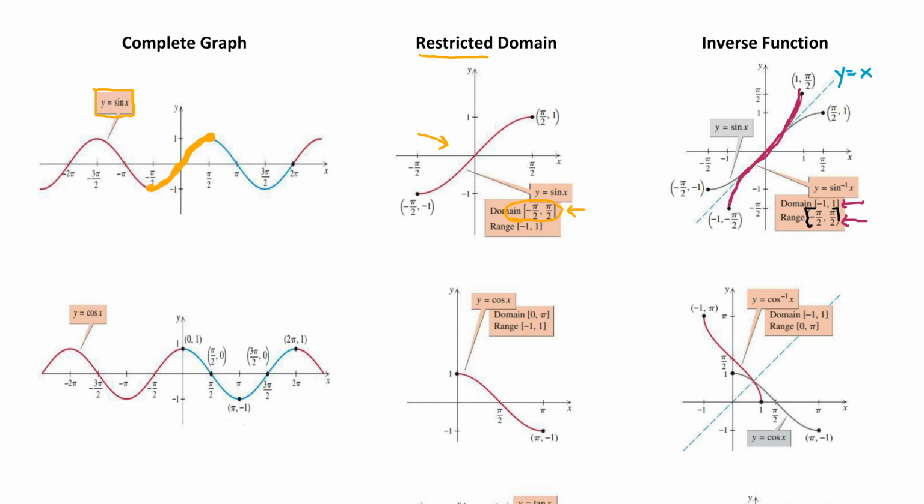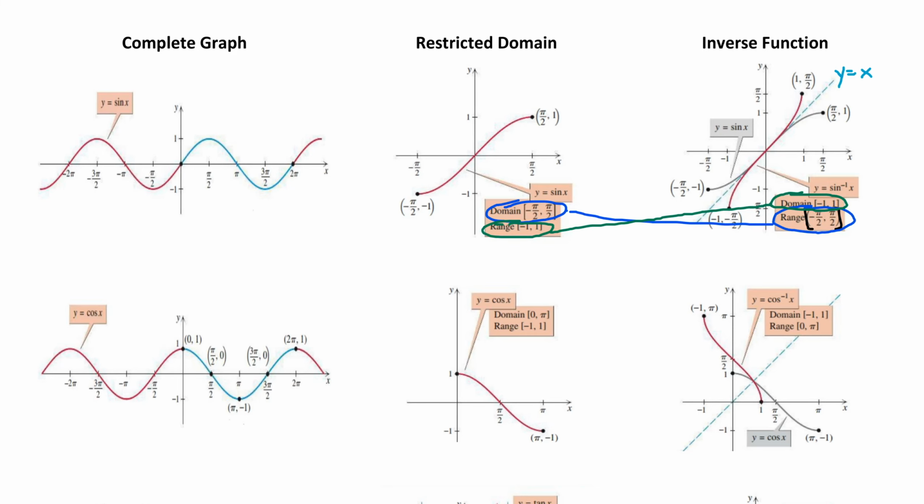That should be in brackets. Now, as we stated earlier, the domain of a function f is the same as the range of its inverse function. So you can see how that matches. In addition, the range of the original function matches the domain of the inverse function. So you can see those have switched as well.